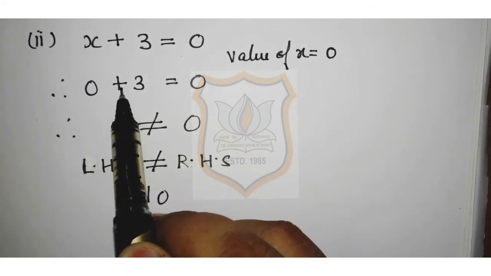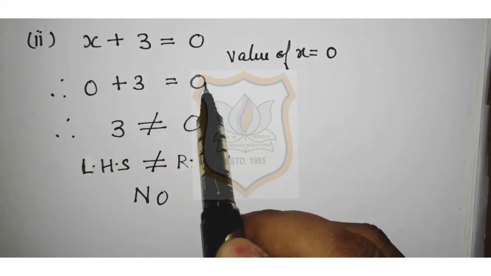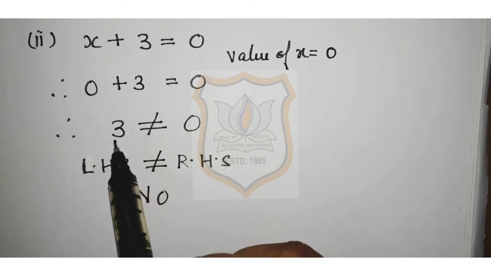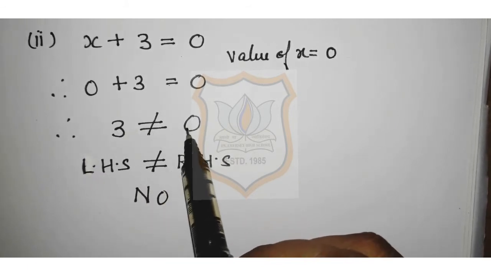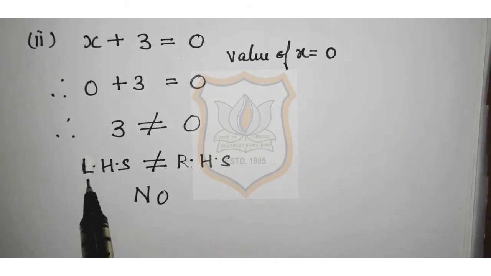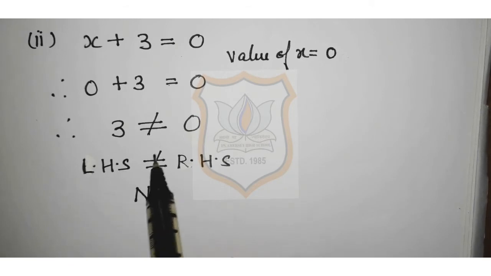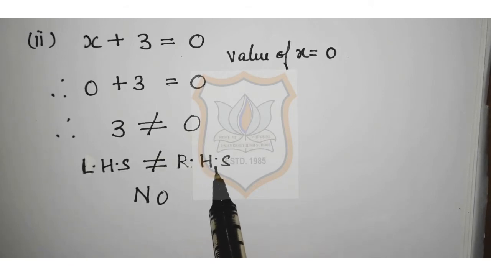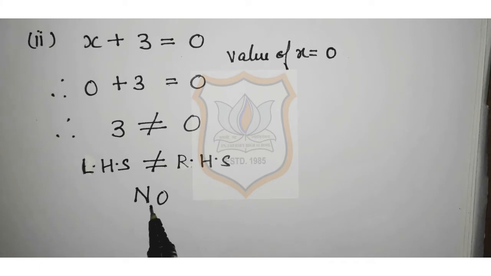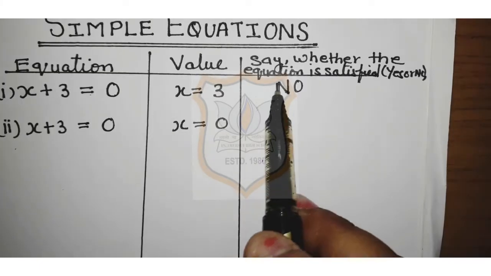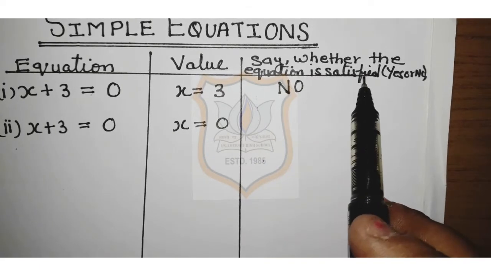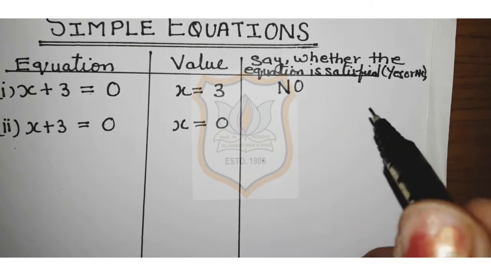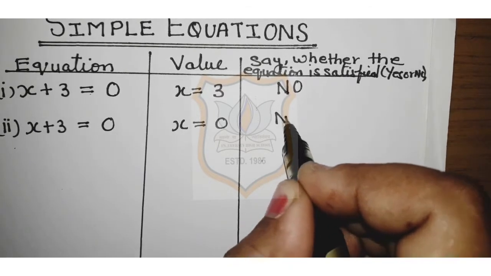So 0 plus 3 is equal to 0. 0 plus 3 is equal to 3. That is not equal to 0. So we can say that left hand side, that is LHS, is not equal to RHS and our answer is no. Say whether the equation is satisfied, yes or no. My answer is no. So we will write here no.